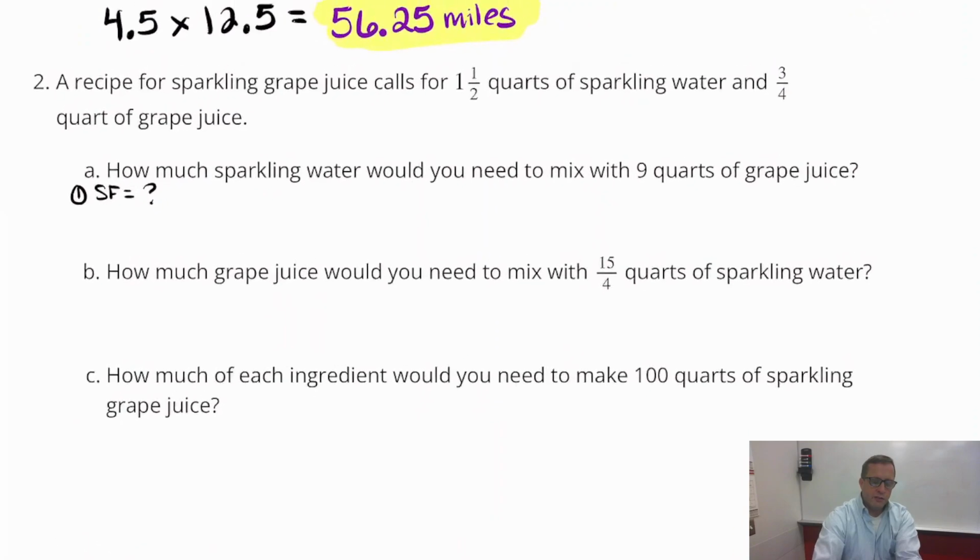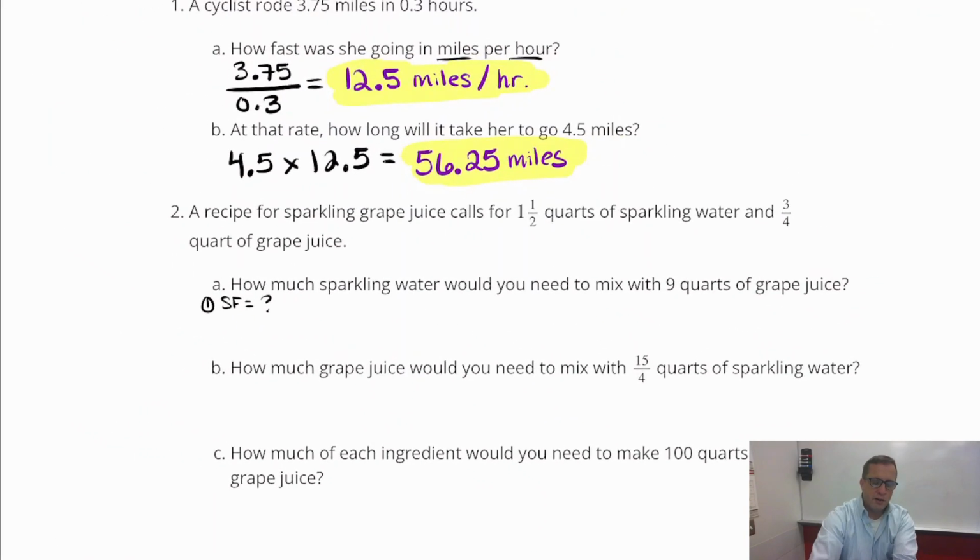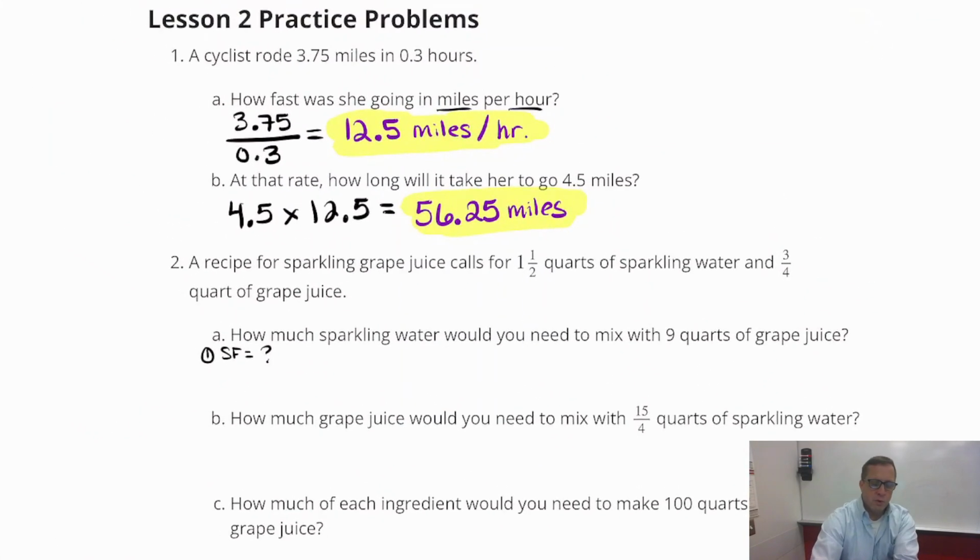All right, in order to figure out the scale factor, let's compare the number of quarts that are being used in this recipe, which is 9, to what was used in the original recipe, which is what are we doing? Grape juice. So for this one, we're going to do 3/4.